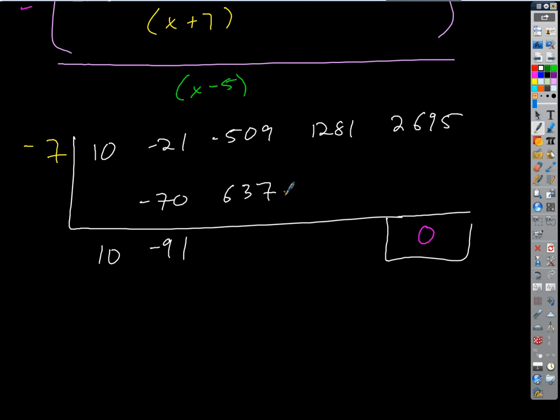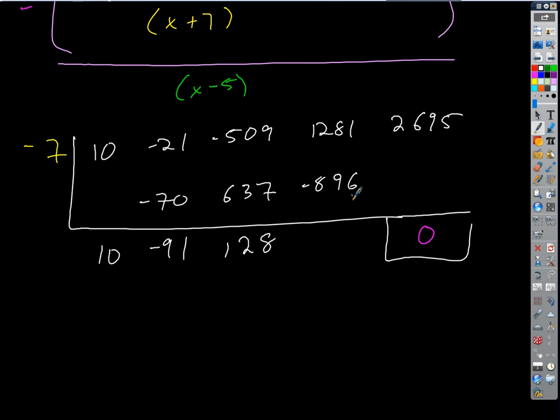Then positive 128, then negative 968, and then 896.